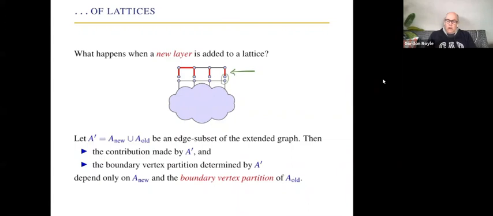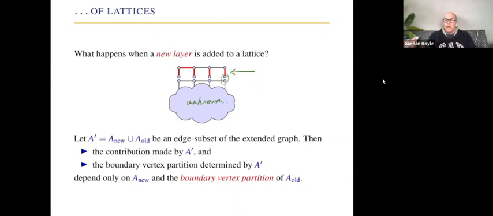Now, I'm going to look at the subsets of edges. Any subset is going to be some new edges, these are the red ones, and then some old edges. But this graph down here is unknown and potentially large. However, I don't actually need to know all of the edge subsets of the large unknown part of the graph.